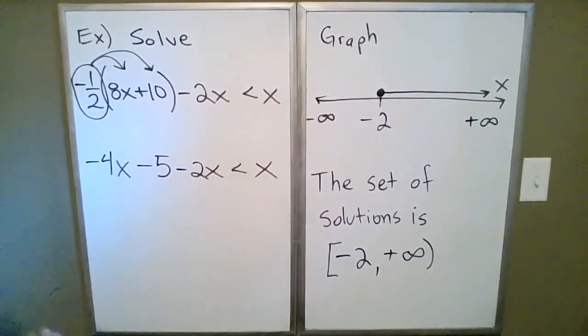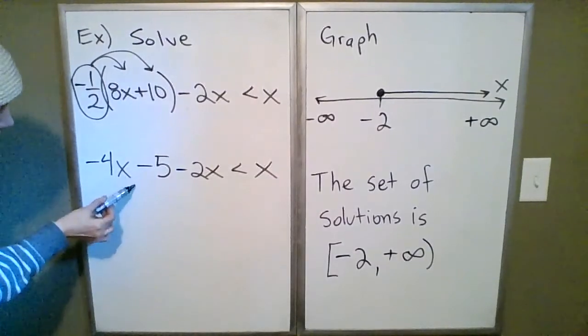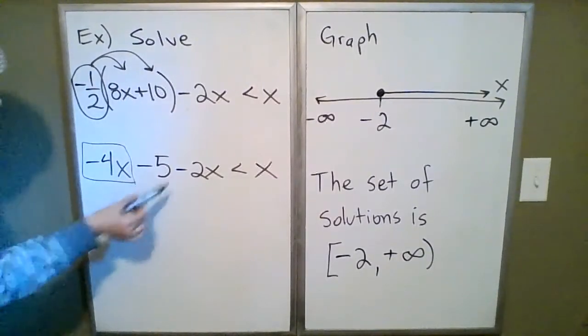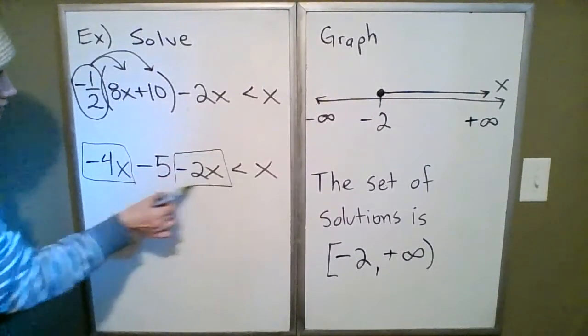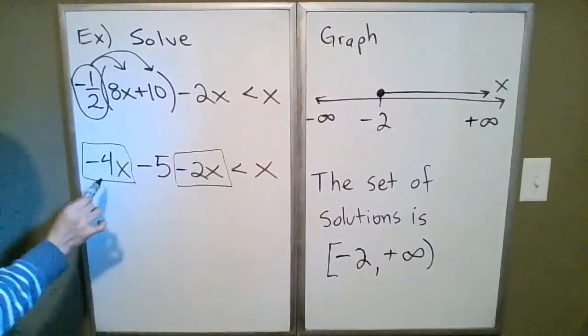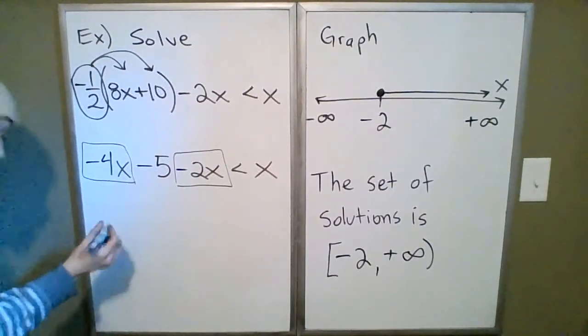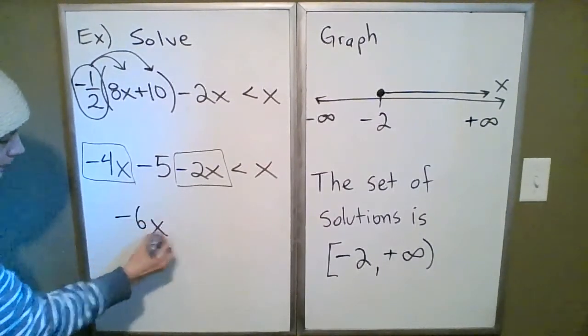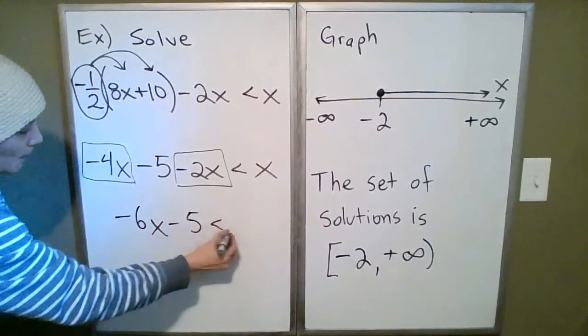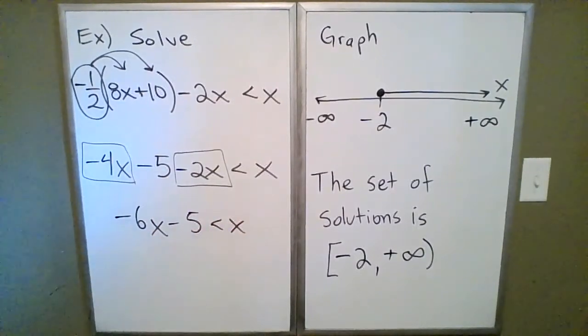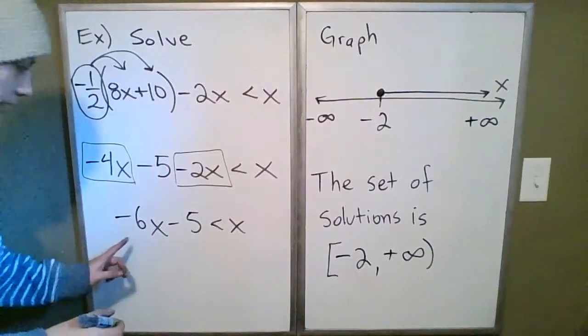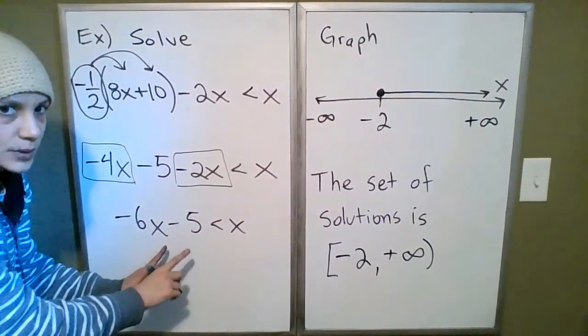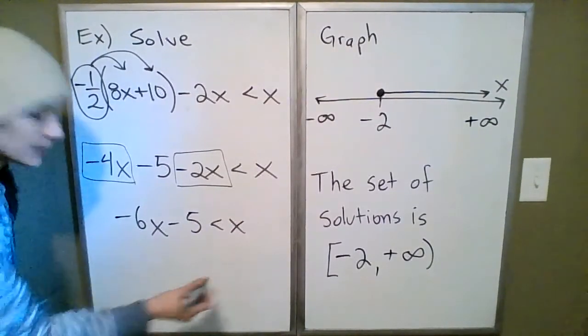Then you want to put your like terms together. x values. Negative 4x and negative 2x is negative 6x. I think what I did next was just add 5 to both sides.